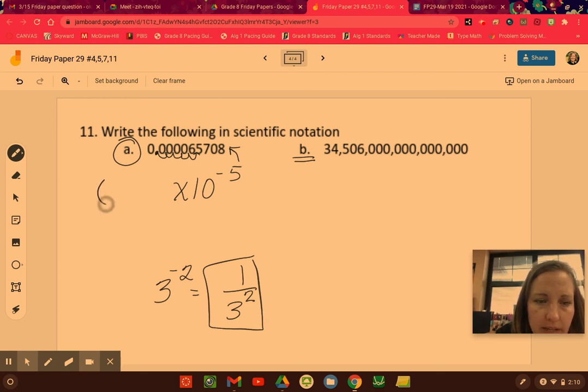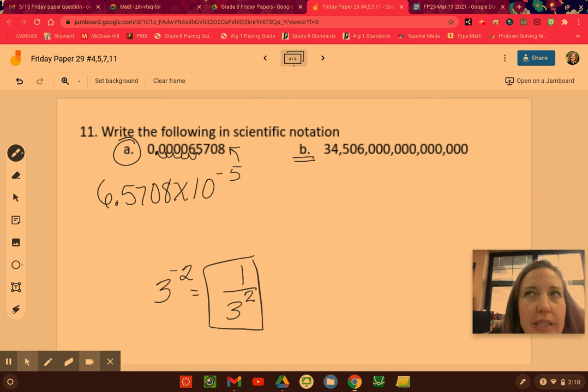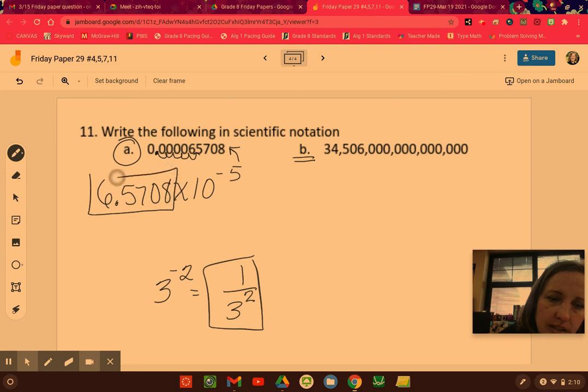And then I'm going to rewrite 6.5708 times 10 to the negative 5th power. When you are putting that into Canvas, you're only going to need to insert this number and I believe this number. You might see times 10 with a little caret. So you're just putting in those two numbers.